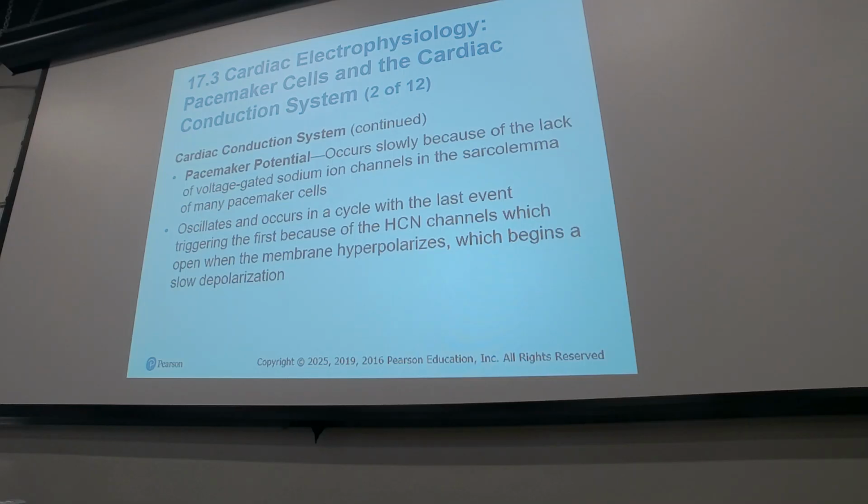Mainly it will be because you have leaky channels for potassium. And then we have the pacemaker potential that occurs slowly because you have a lack of voltage-gated sodium channels within these cells, but you have, again, these leaky channels that are non-specific, but they respond more to potassium than sodium. And then you have slow depolarization, as opposed to rapid depolarization in skeletal muscle, and also in cardiac muscle cells.